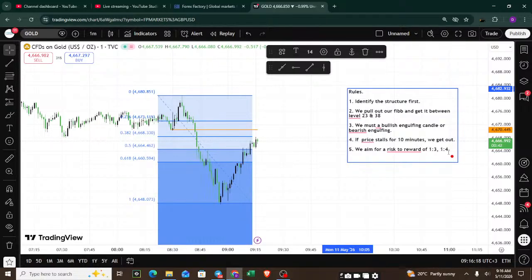We want something which is going to happen maybe every 2 weeks if you are a swing trader. That is something repeatable and something you can bank on to grow your account. Okay, so we wait and see what price is going to do.